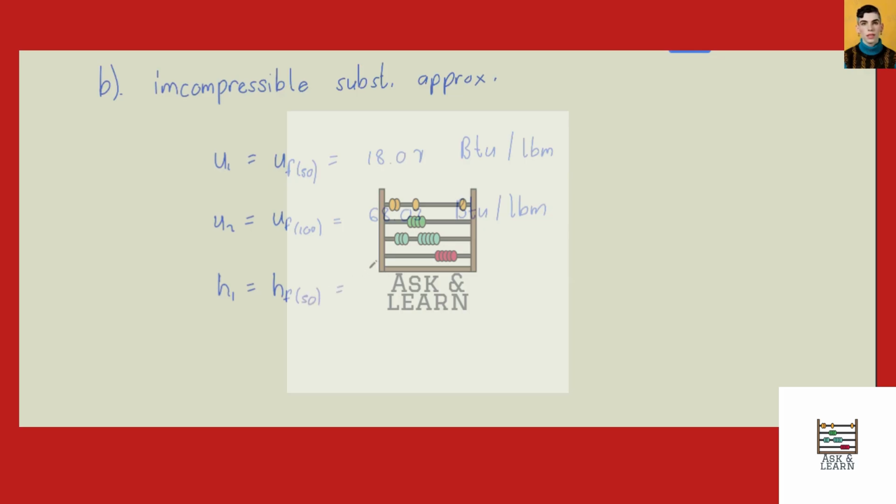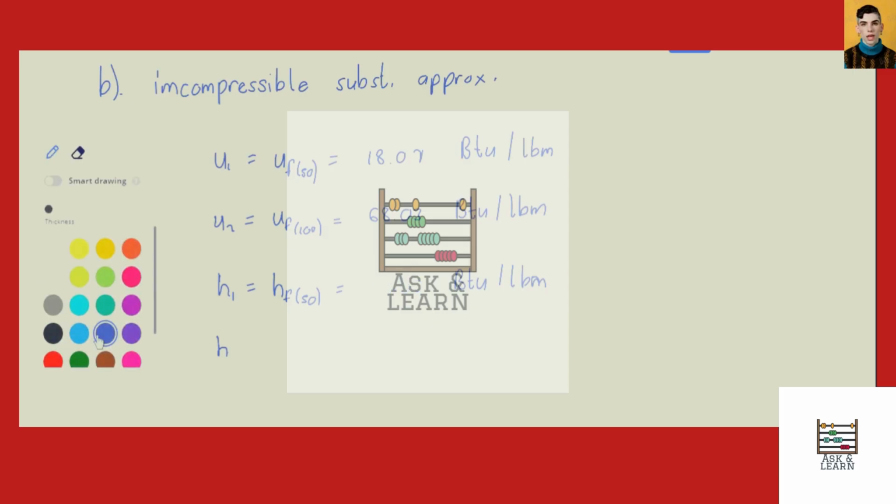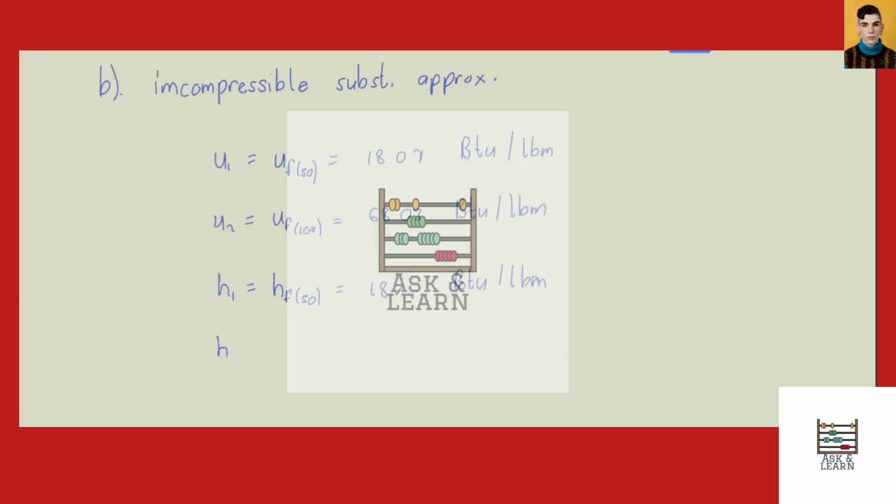And finally, H1 is actually 18.07. And H2, which is the enthalpy at 100 degrees Fahrenheit, is 68.03.